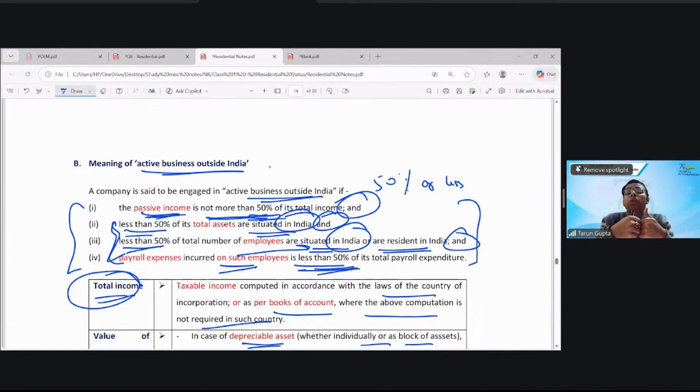Similarly, if the company is not engaged in ABOI, meaning it does not satisfy any one of these four conditions, it will be deemed not engaged in active business outside India. Then in such a case, we have to see who is taking decisions and where the decisions are being taken. Okay, are you with me?